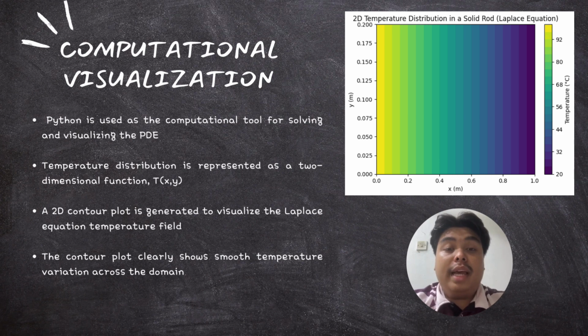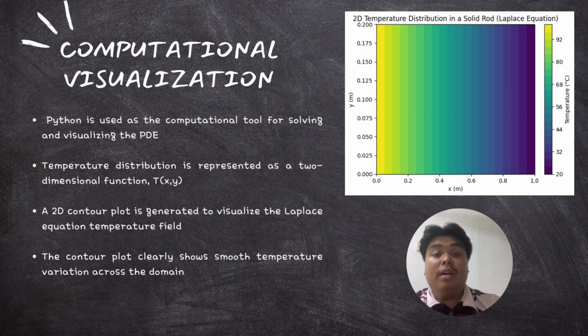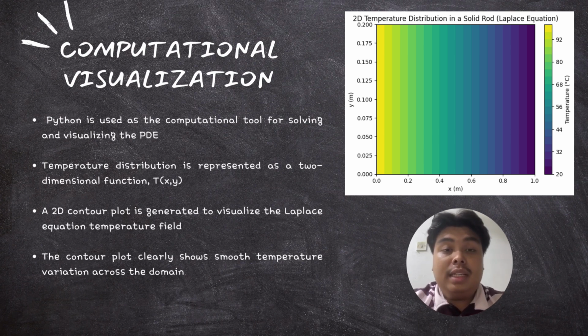So for the next slide, I will explain about the computational visualization. Basically, for the computational visualization, we used Python. Python was used to illustrate the steady state temperature distribution governed by the Laplace equation. Temperature is treated as a function of two spatial variables, T(x, y), where x represents the length of the rod and y represents the transverse direction.